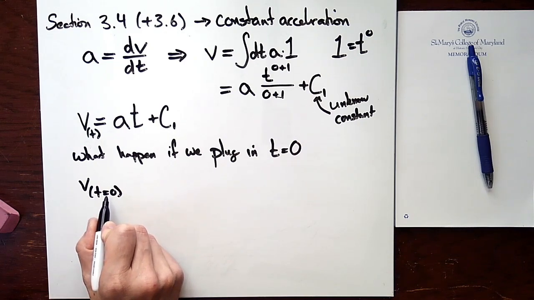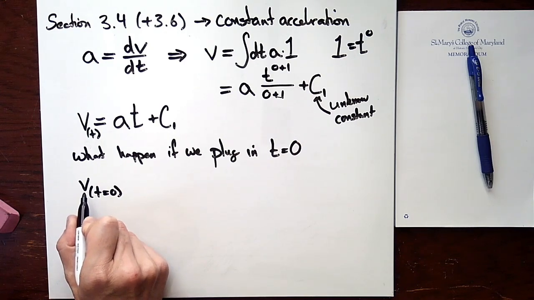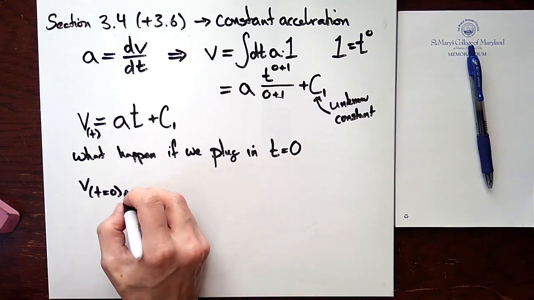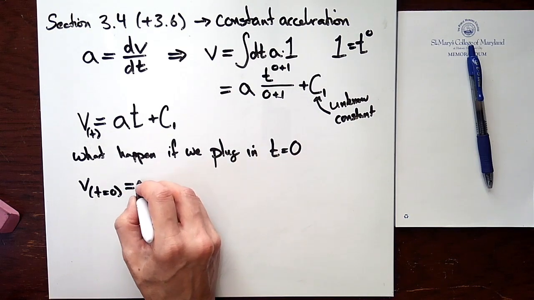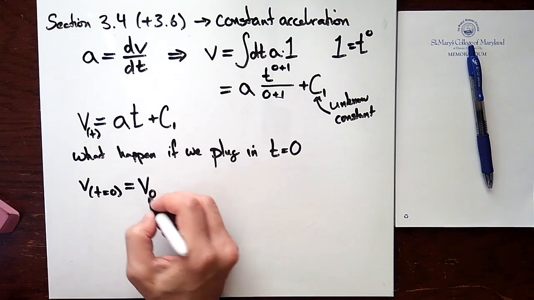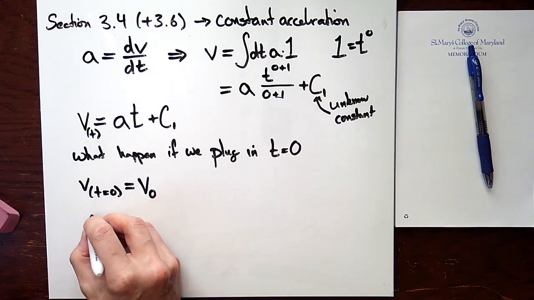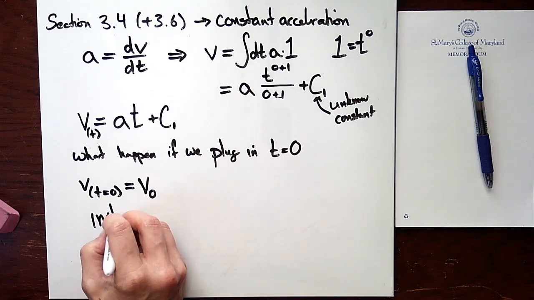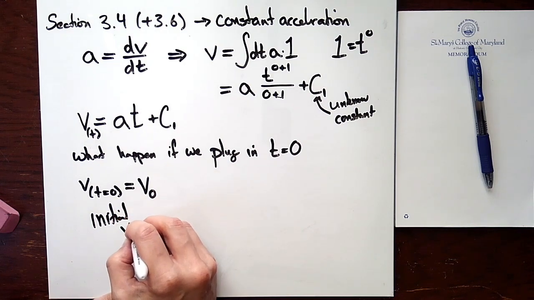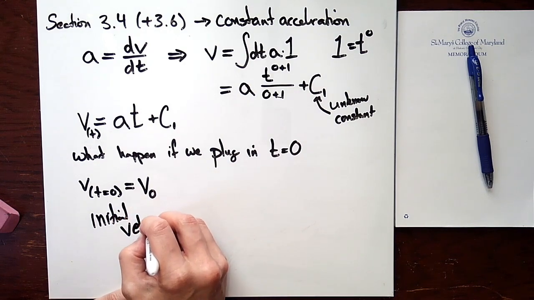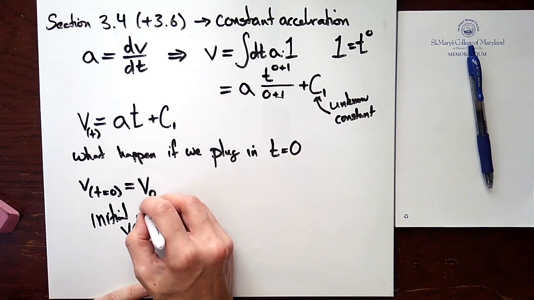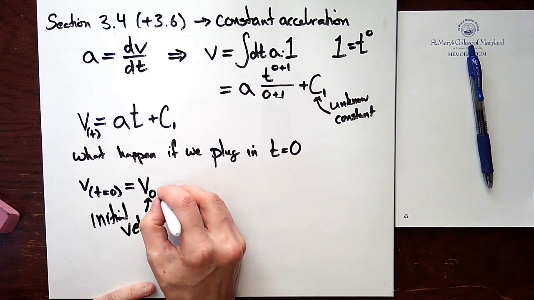We picked one particular time, so you only have one velocity at a given time. So let's go ahead and rename that. Let's call that v naught, or v0, meaning this is the initial velocity. The velocity we have when time is equal to 0.